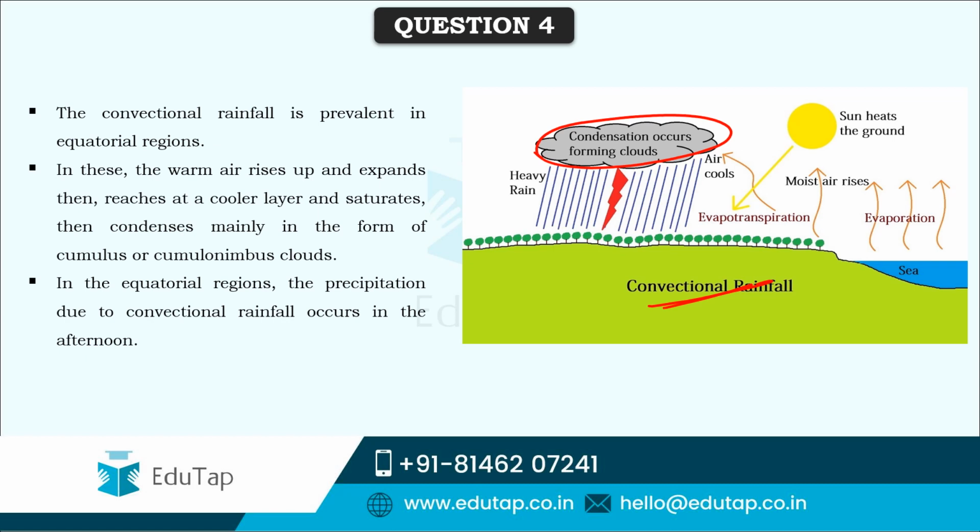After some time, because of the cool air and various other factors, they again reach the earth in the form of rain or any form of precipitation. Now this is called convectional rainfall.